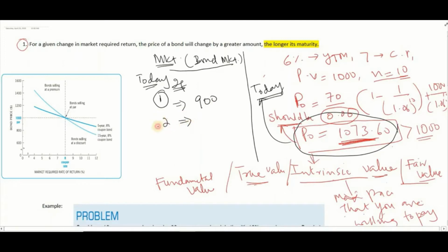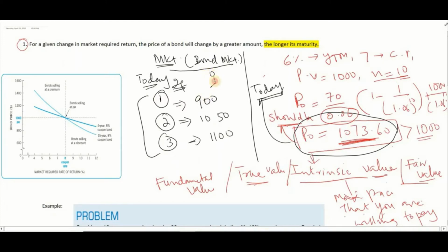Then number two, 1050, sorry, yes. Okay, number three, let's say it is selling at 1100.